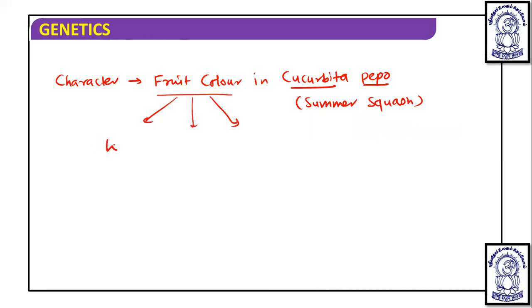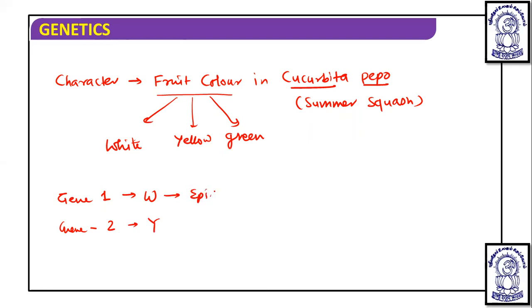One is white, one is yellow, and one is green. And for these, two genes are responsible. Gene 1 is W, and gene 2 is Y. W is the epistatic gene and Y is the hypostatic gene.